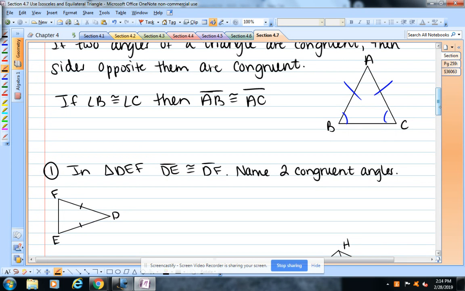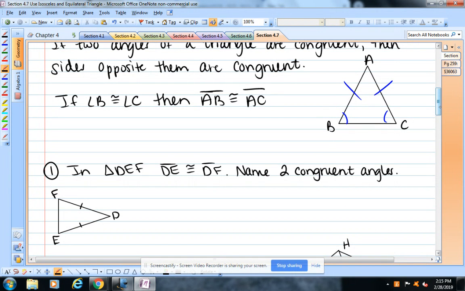So here's a little example. It says in triangle DEF, DE is congruent to DF, and that's marked on the picture. So that makes this what kind of triangle? Isosceles. Two sides are congruent. It says name two congruent angles. Now, which angles are congruent in an isosceles triangle? They start with a B. The base angles, right?